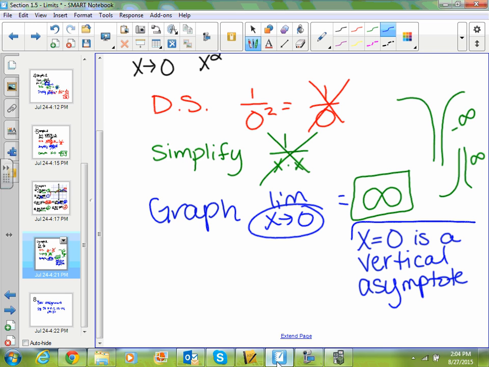Okay, so anytime you get limits of infinity or negative infinity, that tells you that those lines are vertical asymptotes.